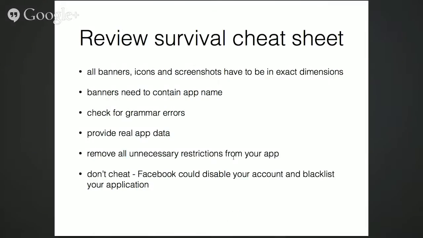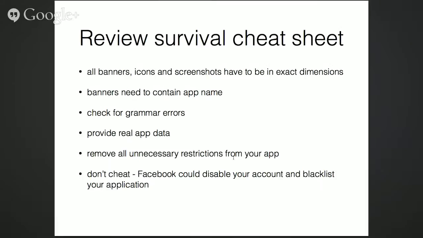Here I have written a few pieces of advice for you developers who still want to use the Facebook API. All banners, icons, and screenshots have to be in exact dimensions. All banners need to contain the application name. Please, please, please check for grammar errors, because they will review your application details.